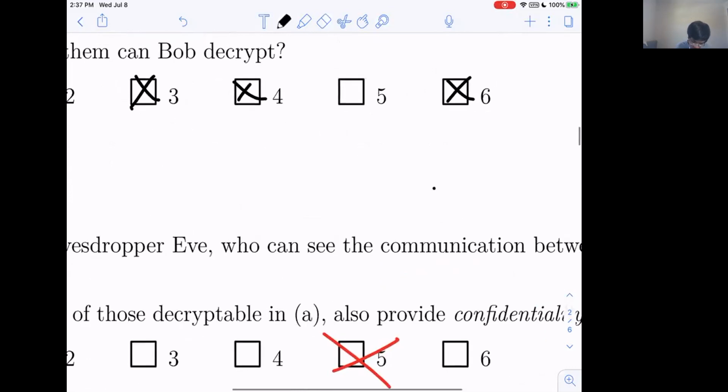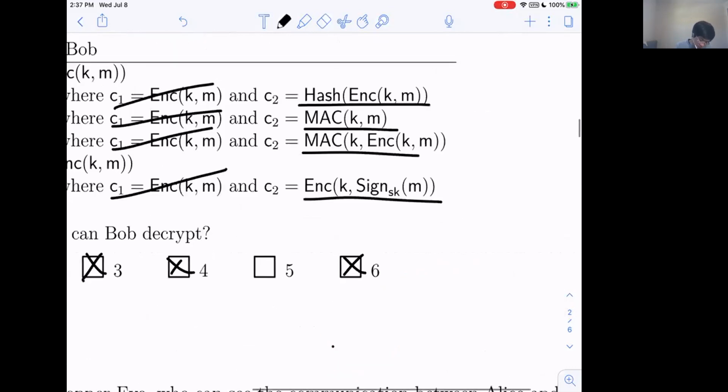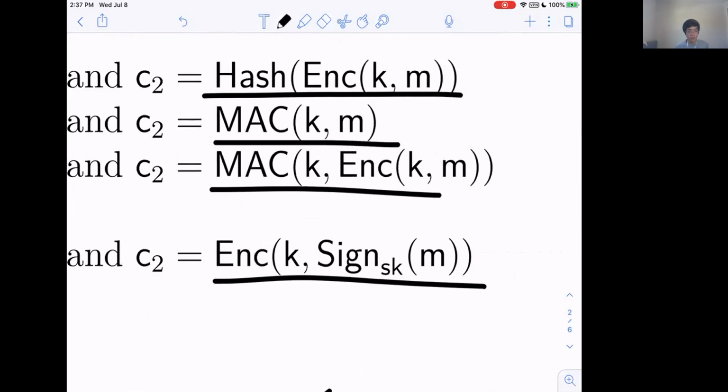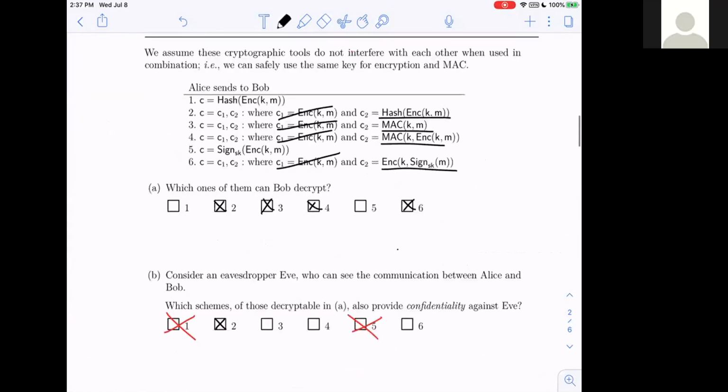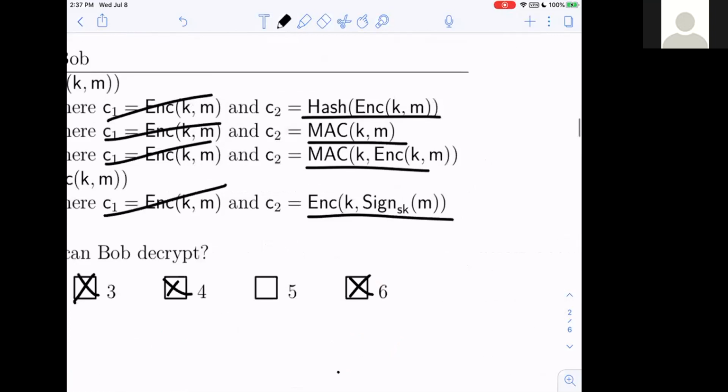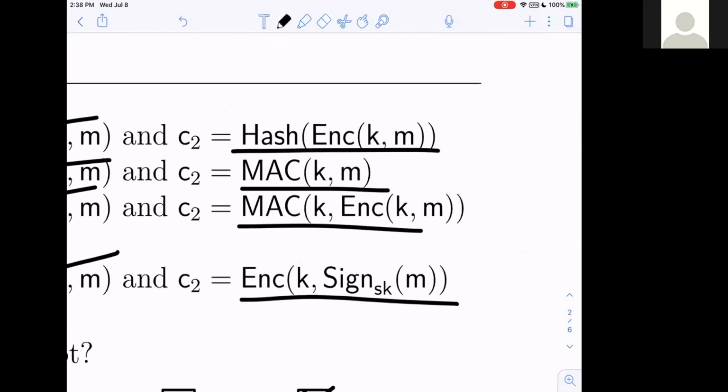So I guess that brings us to the final questions. How about number 4 here? Well, Eve knows the encryption of KM, but we assume the encryption is CPA secure.